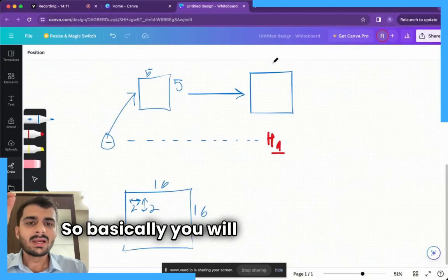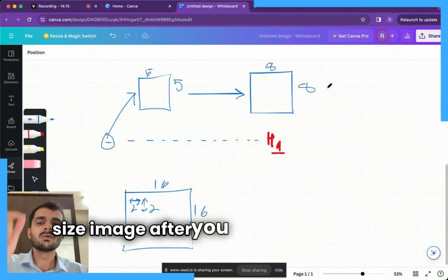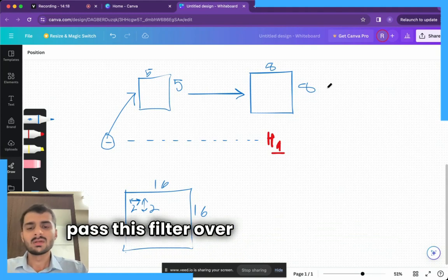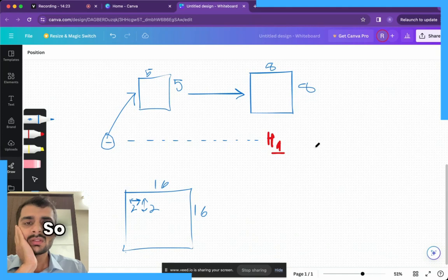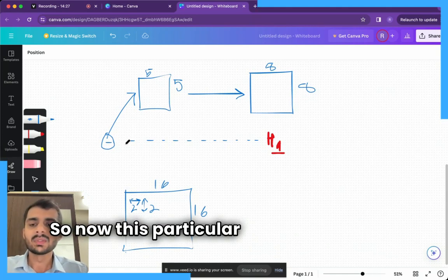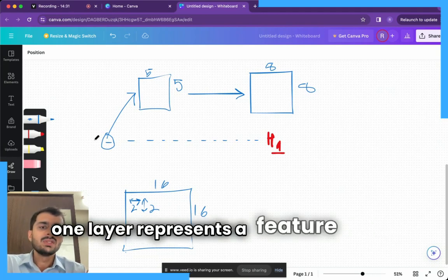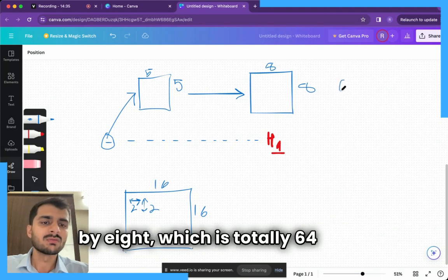So basically you will have an 8 by 8 size image after you do the convolution operation and pass this filter over the entire image. So now this particular component in the H1 layer represents a feature map of size 8 by 8, which is totally 64 units.